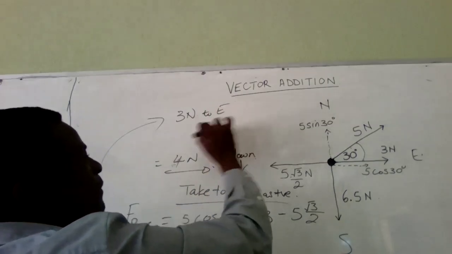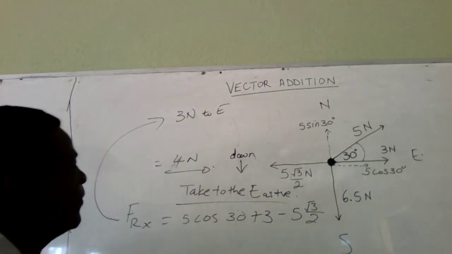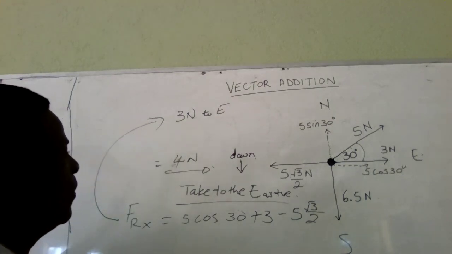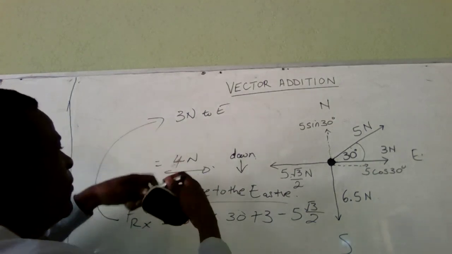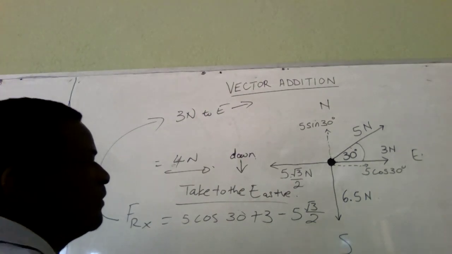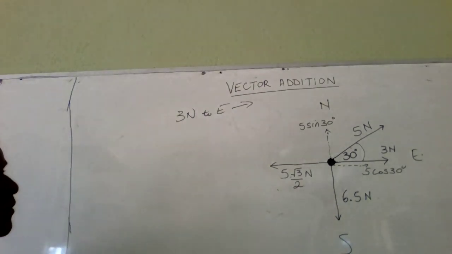So now, once again, we are back to the starting point. Now we're left with only two which are perpendicular to each other. One is going down, one is going east. I'm sure there's no need now to carry on. We can just quickly draw it.